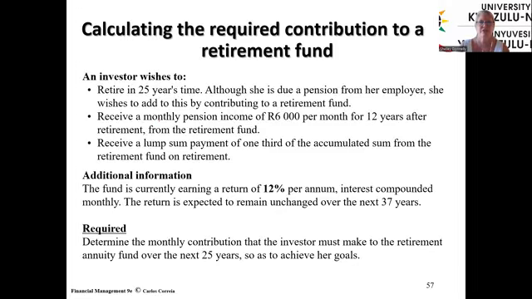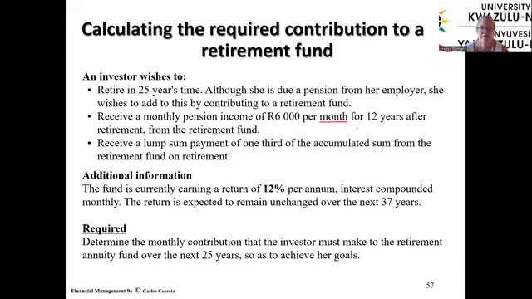Through this retirement fund, she wants to receive a monthly pension of $6,000 a month for 12 years after she retires. And remember, she's retiring in 25 years' time. So for the 12 years after that, she wants to receive $6,000 per month.